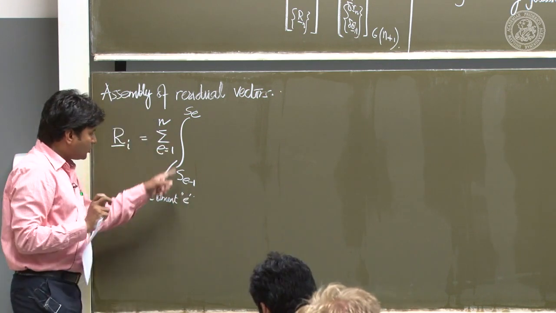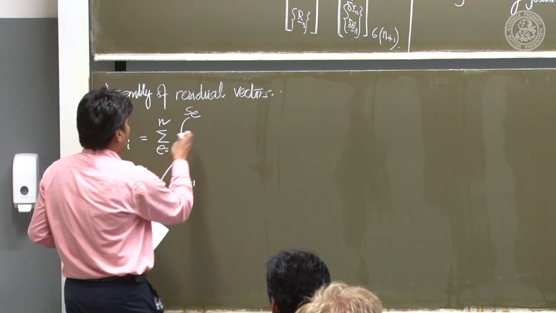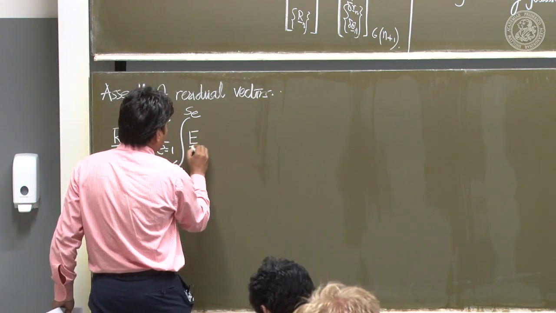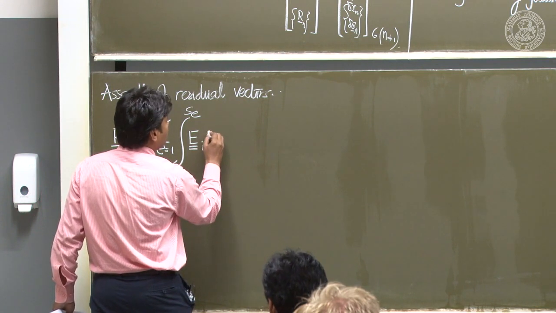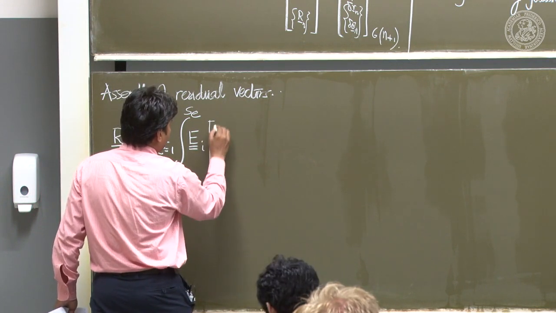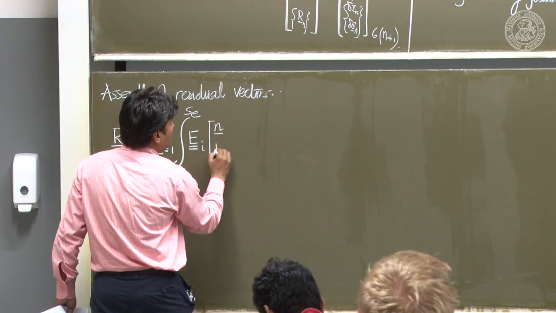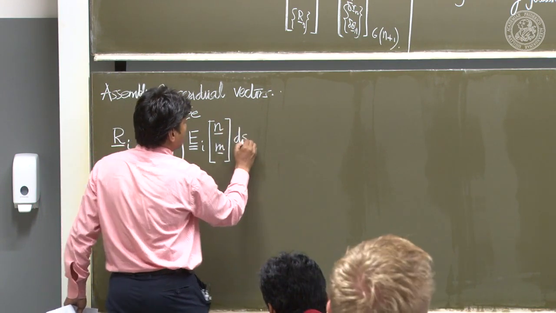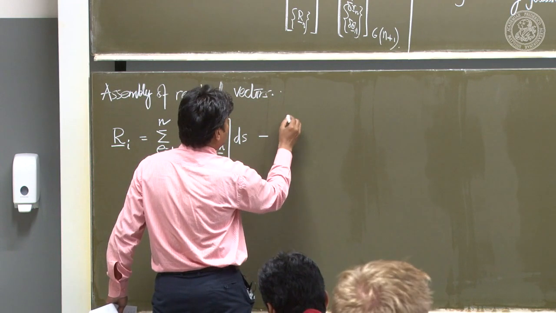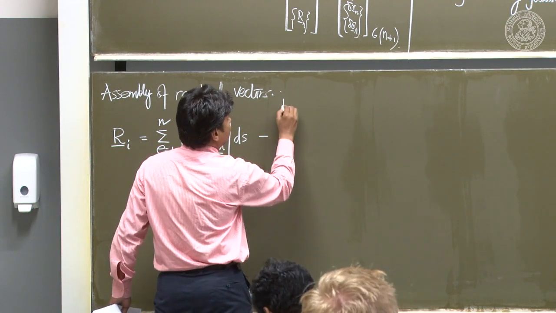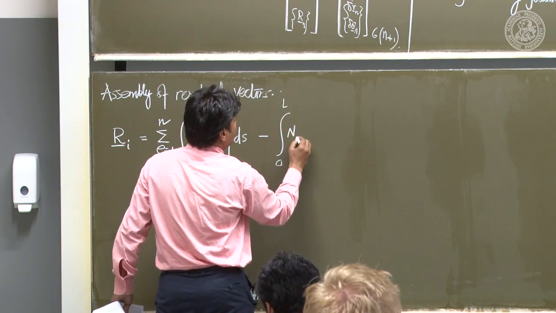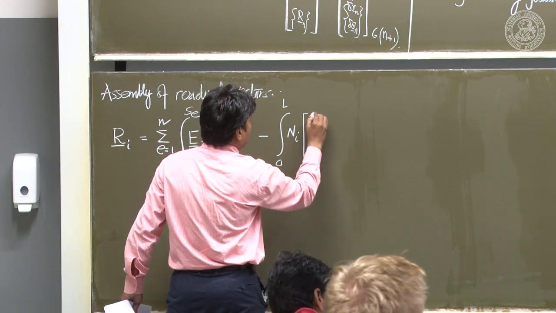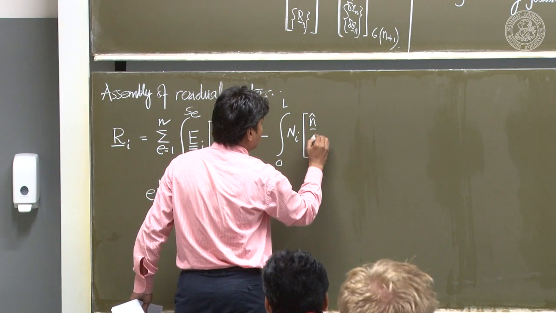That is the domain of element e, and then within it you have big E i n m d s minus 0 to L big N i n hat m hat.